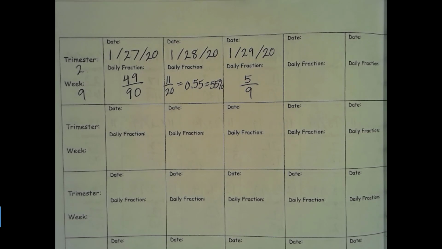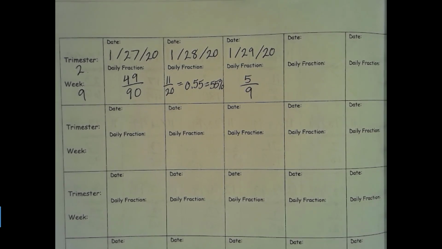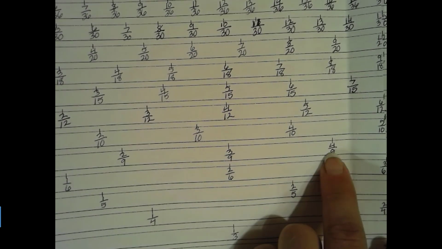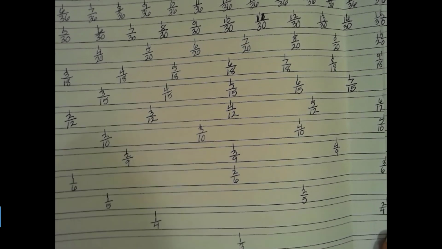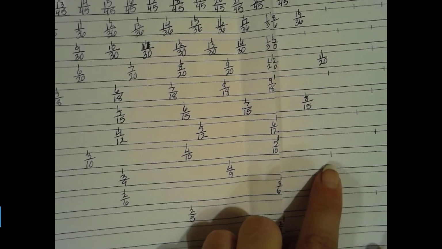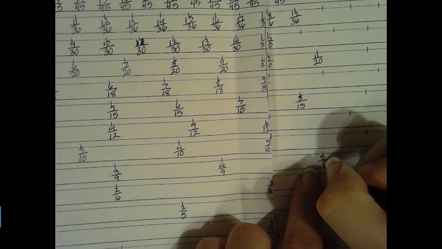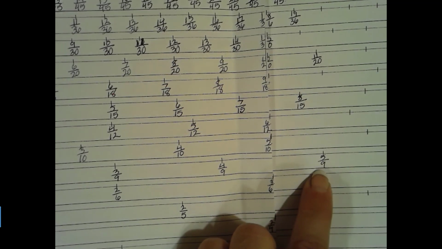We did groups of 20, so let's go ahead and get out our number line. In our groups of 20, we have 4 9ths already. We have to go all the way over here. And 5 9ths is our next line.